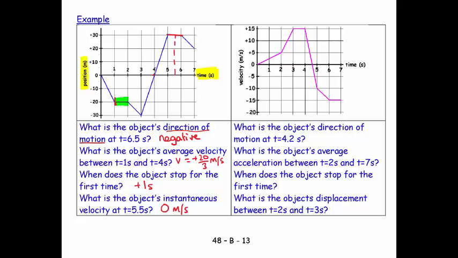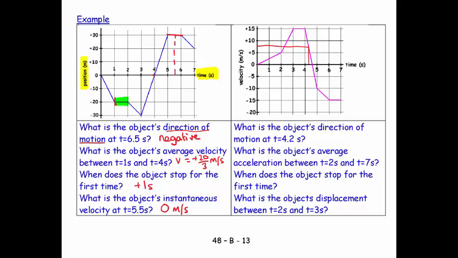In this next one, what is an object's direction of motion at 4.2 seconds? So at 4.2 seconds, I'm in here and I look up here. Now, I have a negative slope, but the fact is I have a positive velocity. I'm being asked about direction of motion, which depends upon velocity, and so I've got to look at the actual reading of the graph.